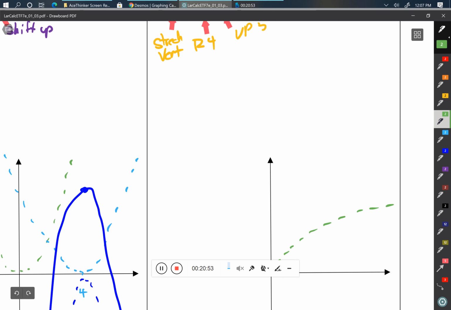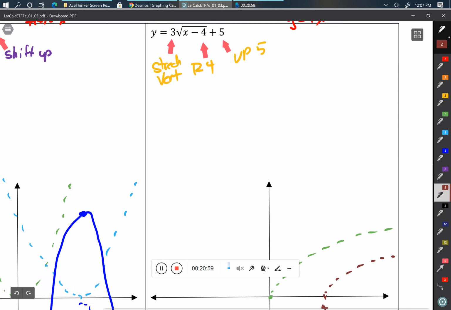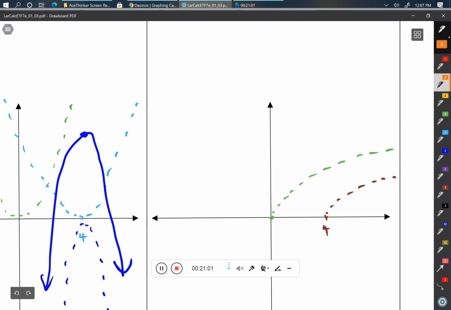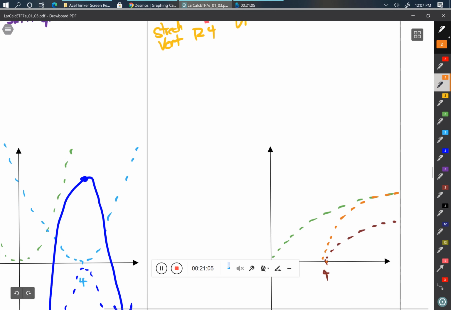And then it went right 4. And then it was stretched vertically by a factor of 3. And then it was shifted up 5. And so in the end, it looks something like that. Right?